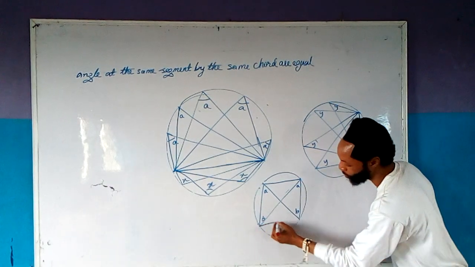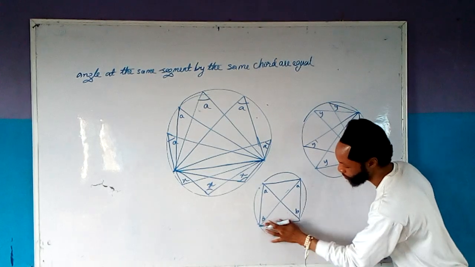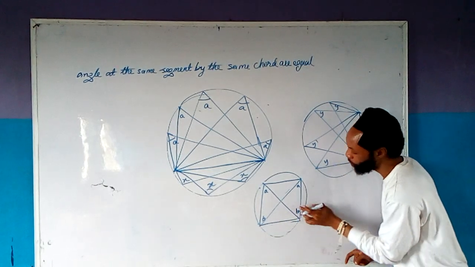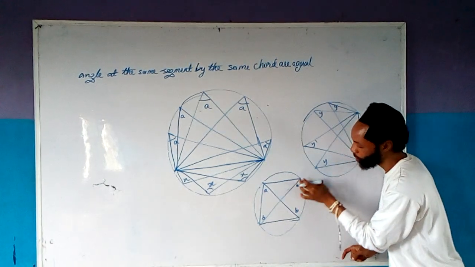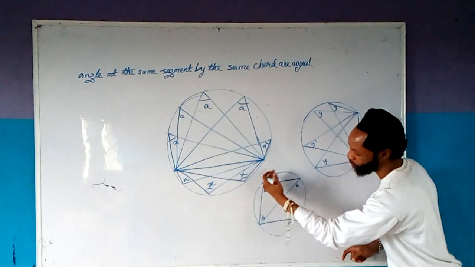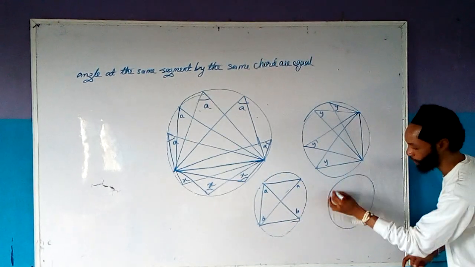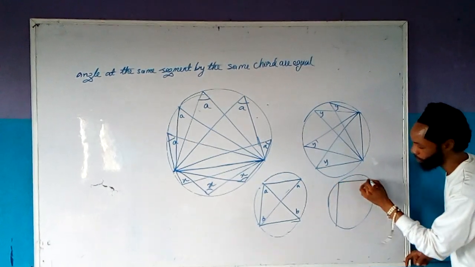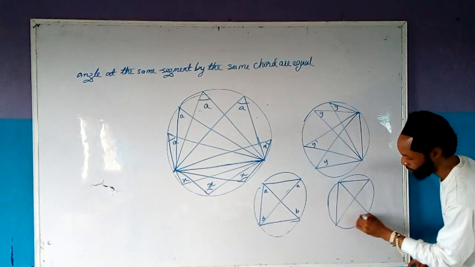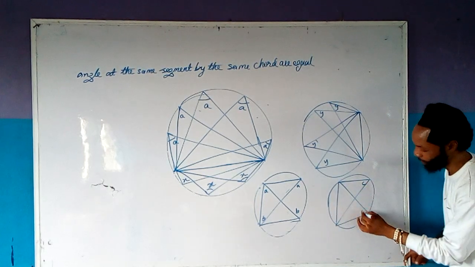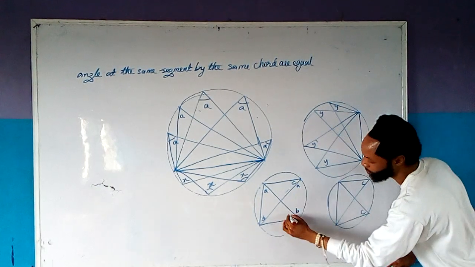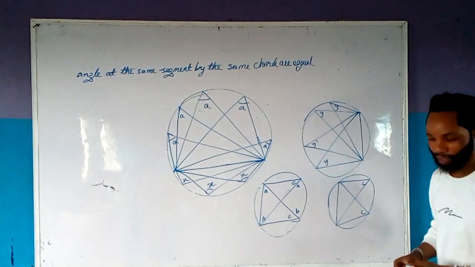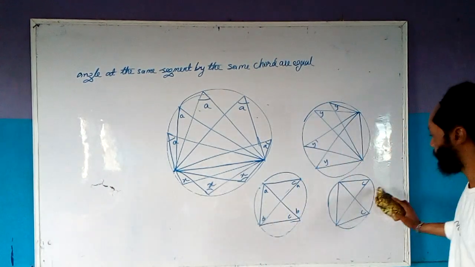Now, if you put this chord back, and you clean this chord out, you will just have something like this. That means if here is C, here will be C, and here will be C.